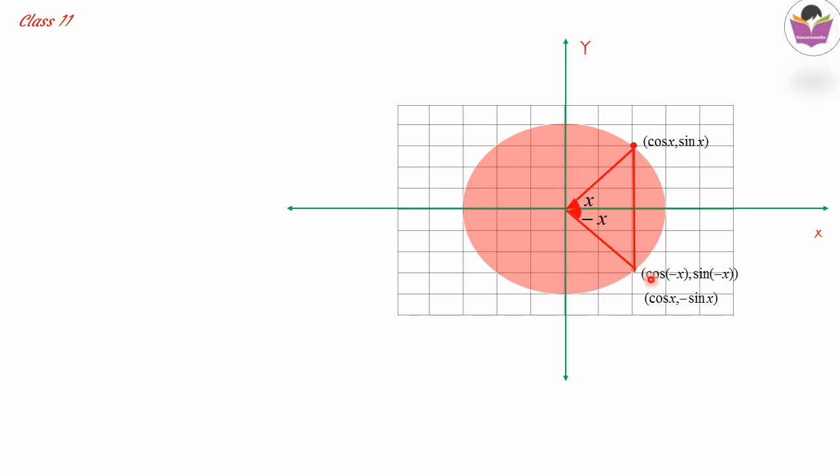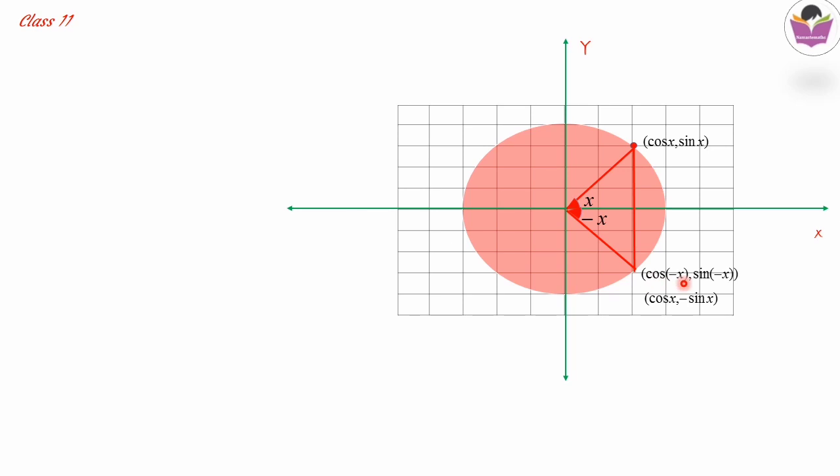Previously we wrote it using the angle, as cos of minus x and sin of minus x. So literally these two expressions represent the same point, but we have written it in two different ways, that's all. Since these two ordered pairs are equal, their corresponding x coordinates and y coordinates will be equal.